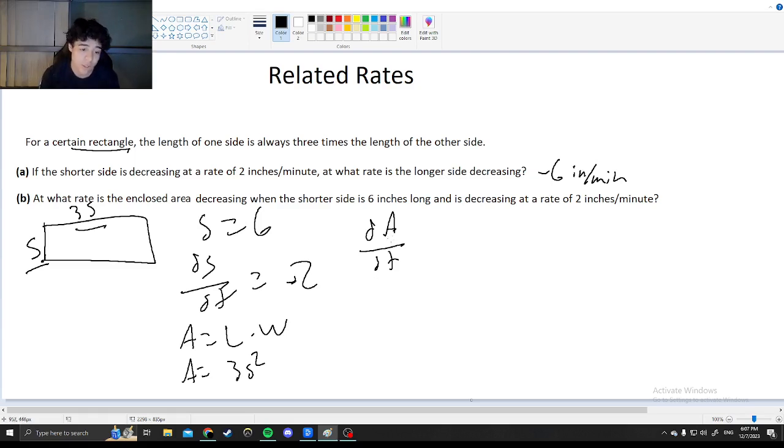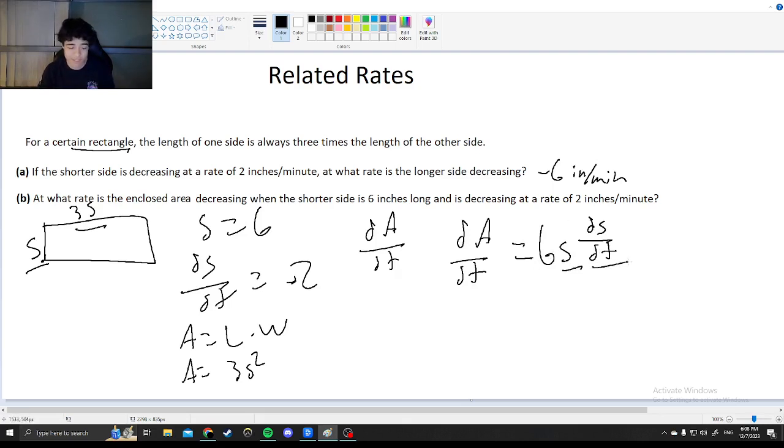Alright, cool. So to do this, you derive our area function with respect to time, because it's, again, measuring in minutes, right? So we have dA over dt equals, and then you will have to derive the right side, so you get 6s ds over dt, right? And then from here, you don't gotta do no calculus no more, because you have s and you have ds dt right over here, right?